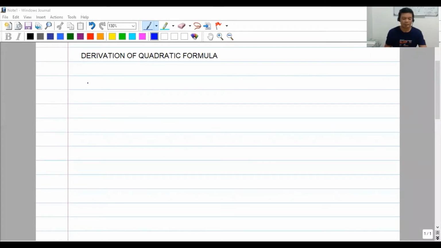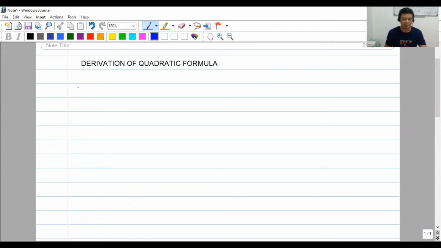So first we have to express the quadratic equation into the standard form. We call this the standard form of a quadratic equation, which is ax squared plus bx plus c equals 0, where a is not equal to 0.